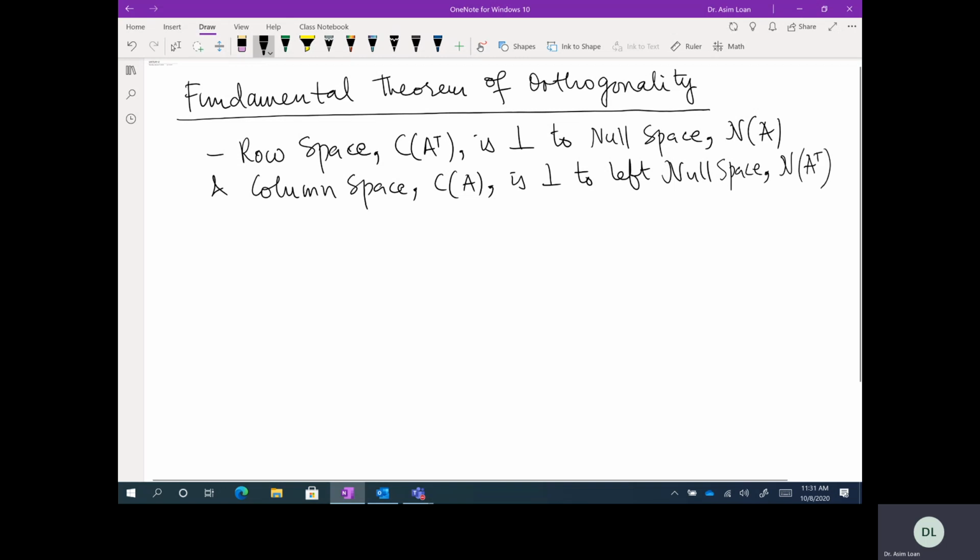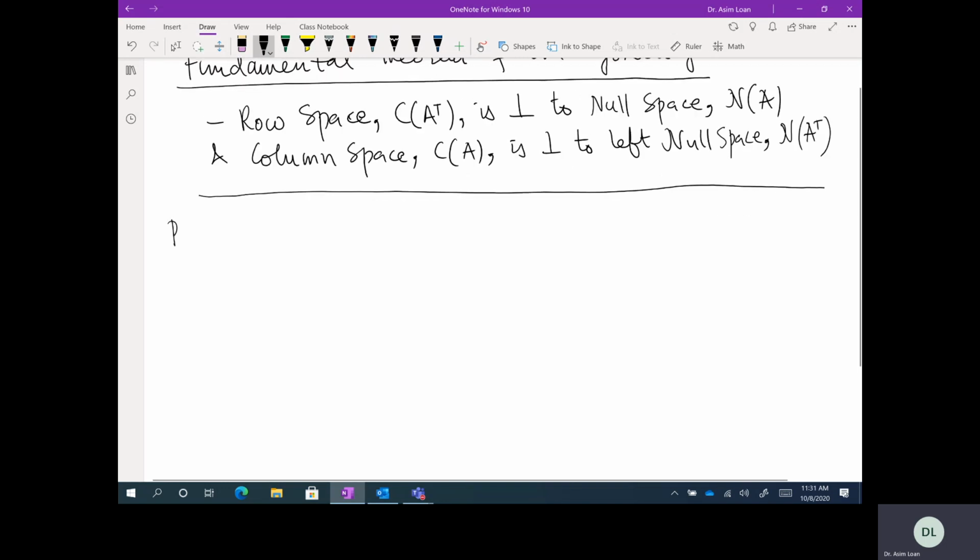So this is the fundamental theorem of orthogonality, and we can prove this very easily.